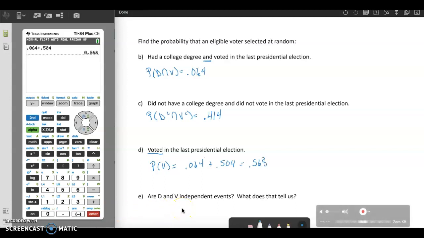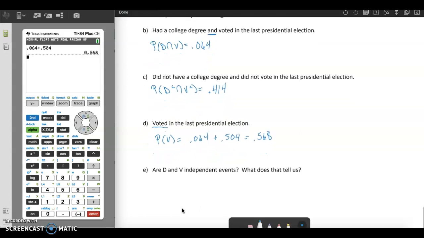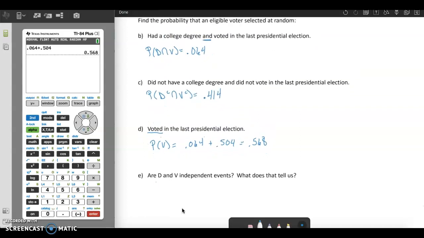And then it asks us, are D and V independent events? And what does that tell us? Okay, so in order for events to be independent, recall the formula that we used there. That means that the probability of the two events' intersection, so D intersect V, has to equal the probability of D multiplied by the probability of V. That's true if you have independent events.